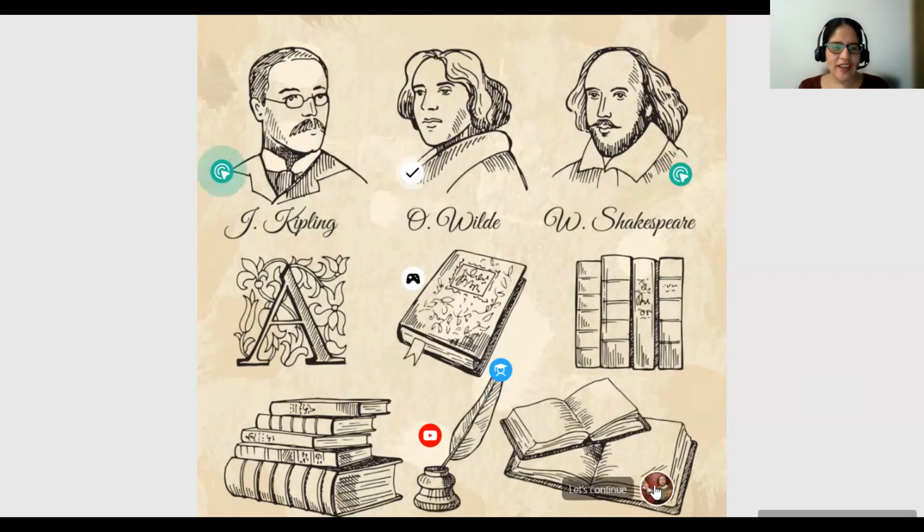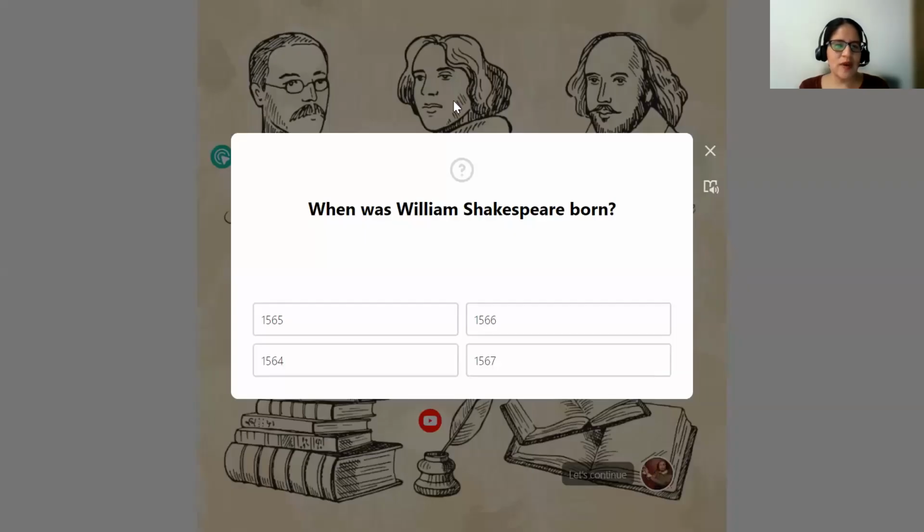So if we click here, the students will need to answer this question in order to be able to continue. If they don't answer the question, they won't be able to continue and they won't be able to see what's the next information about. So here we can have the question right before they go to the next part. In this case, it was 1564.